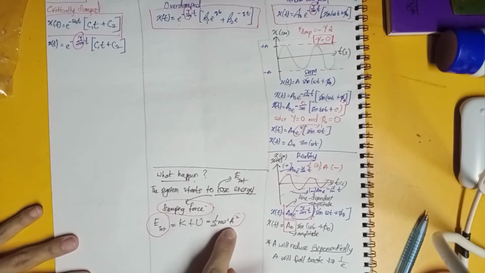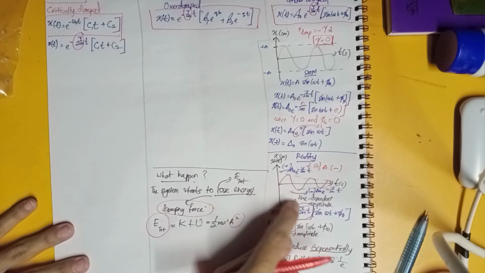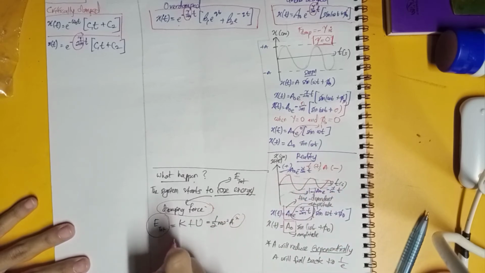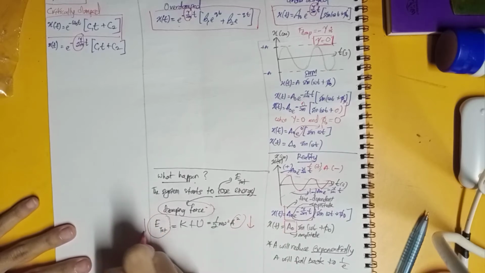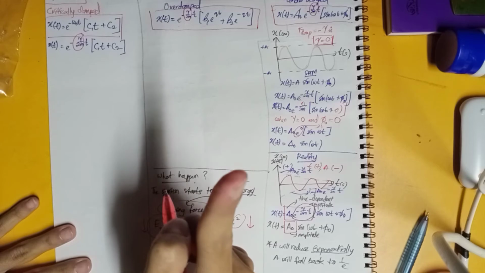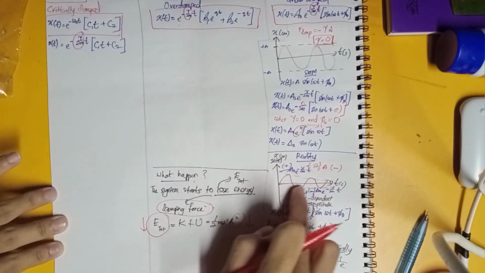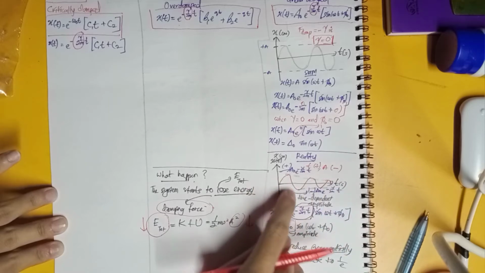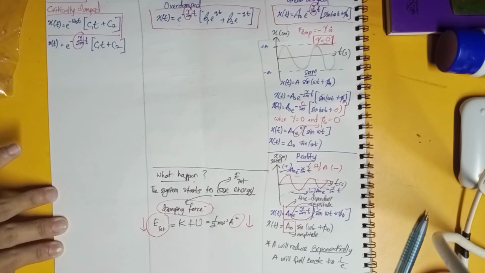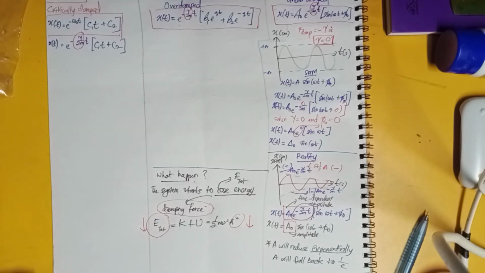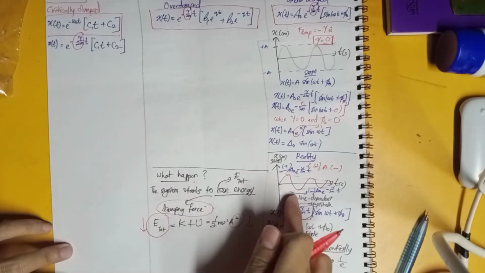So as the amplitude of the system decreases, the total energy will be lost over time. As time increases, the amplitude decreases, and at the same time the total energy decreases. That's what it means.